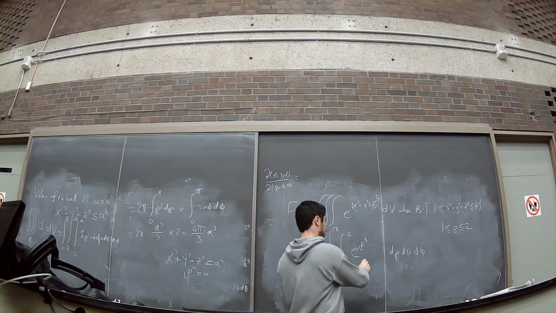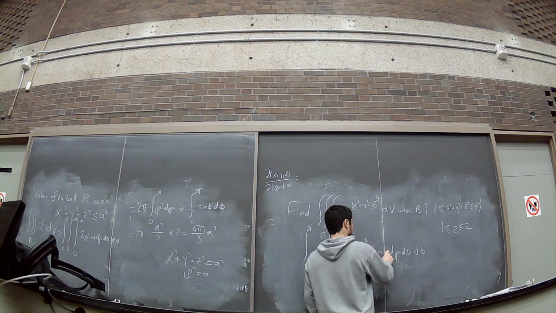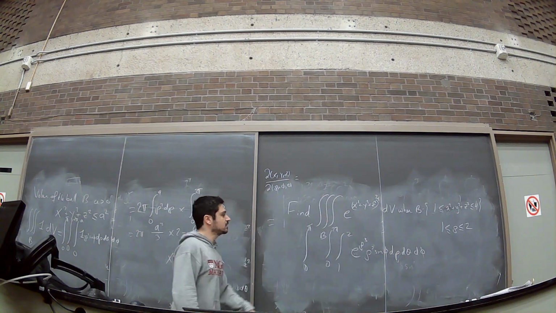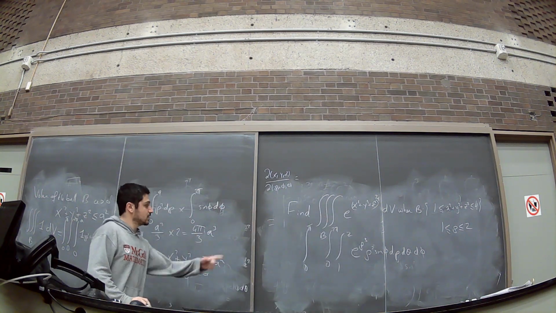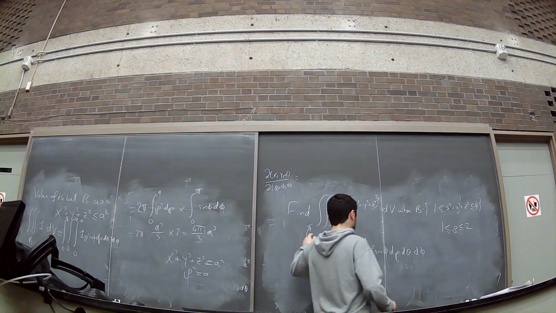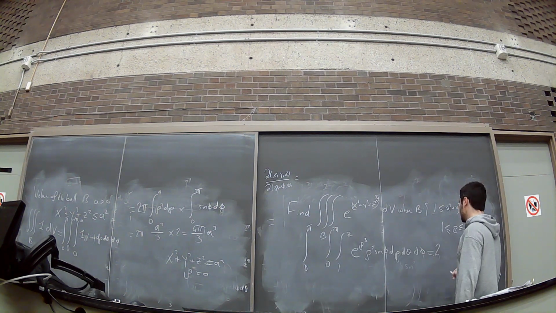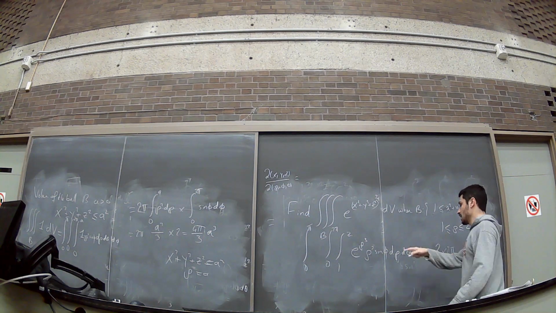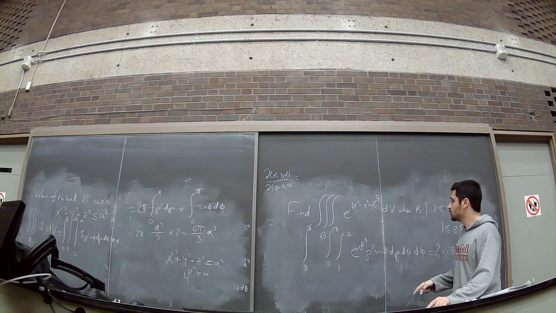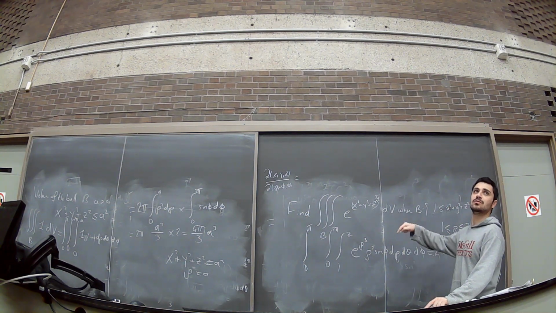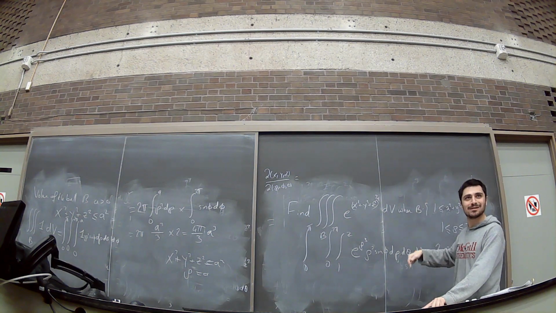Rho squared sine phi. Bam. Can I integrate this? You can integrate this. So that's 0 to pi sine phi, which is 2. 0 to 2 pi d theta is 2 pi. And then all you have to integrate is e to the rho cubed times rho squared. So it's e to the rho cubed divided by 3, right?